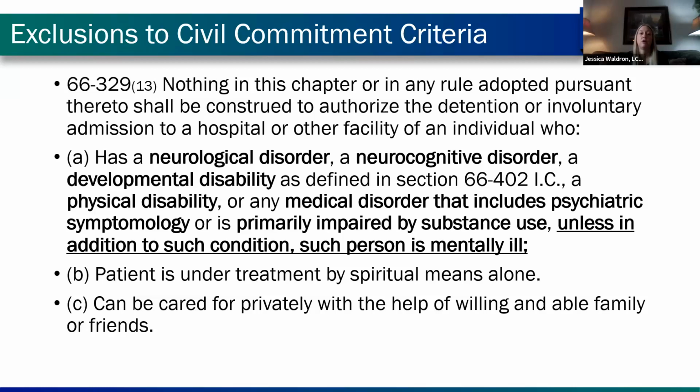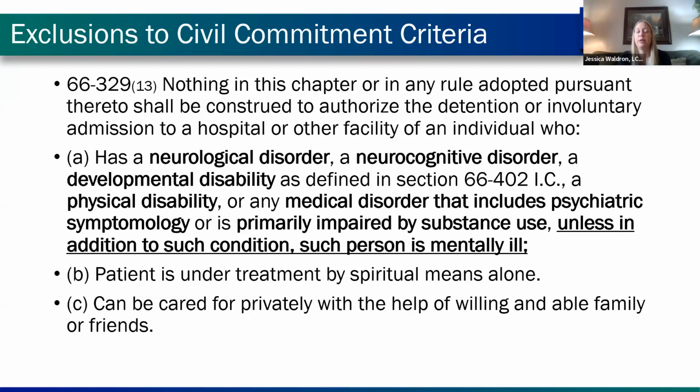The neurocognitives they actually list out, which I'll go over here in a minute, list out specific disorders that are excluded, but Huntington's disease, Parkinson's, just different things like that that can have some symptomology that are psychiatric in nature.